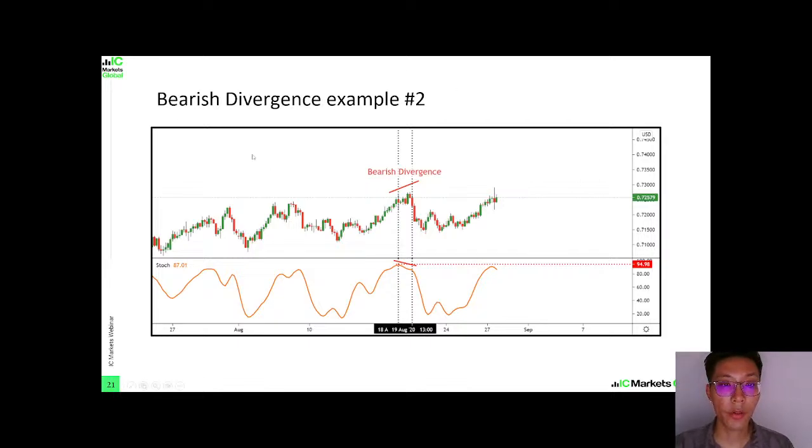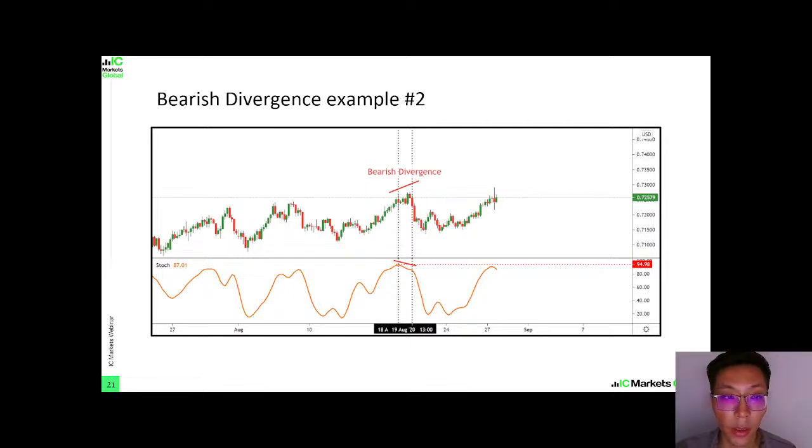For bearish divergence example number 2, we can see right here we have a higher high, while stochastic shows we have a higher low. We can see a stochastic level of 94, and price is rising towards this level of 94.98. Remember what we recalled: if it's above 80, what we are looking for is a sell.